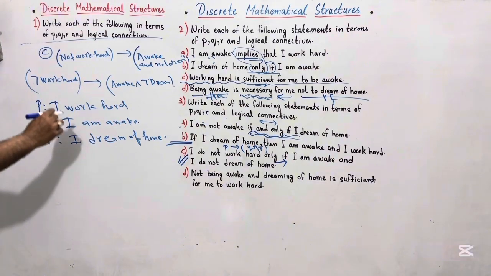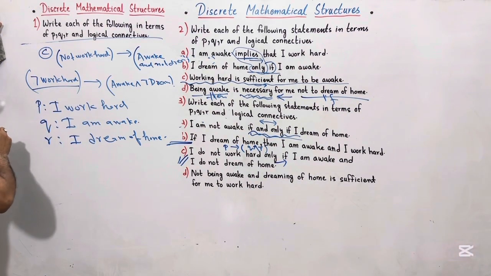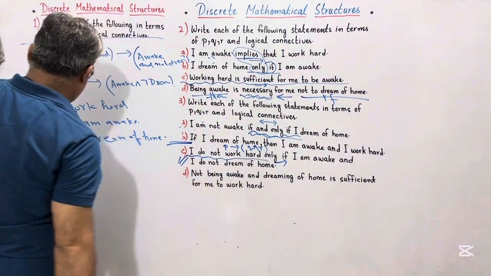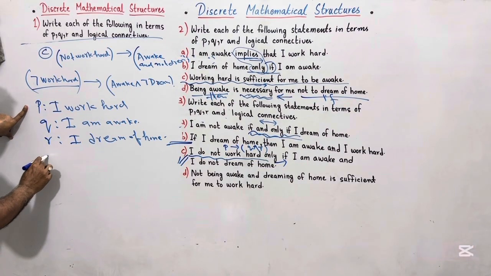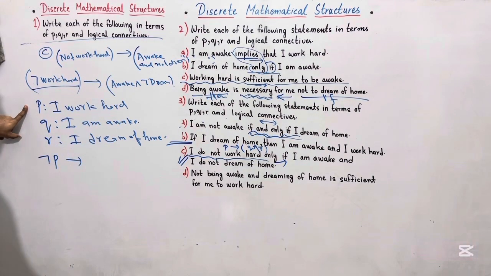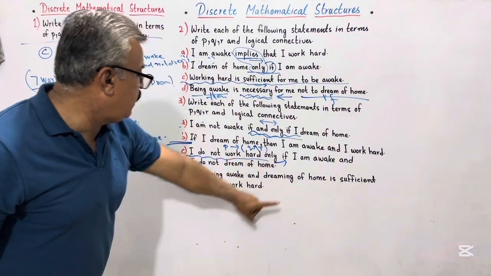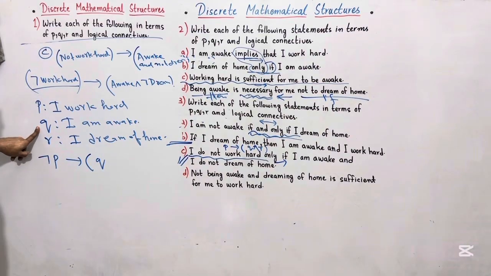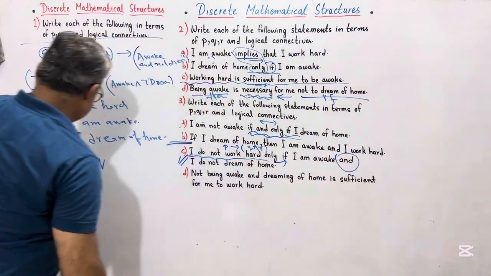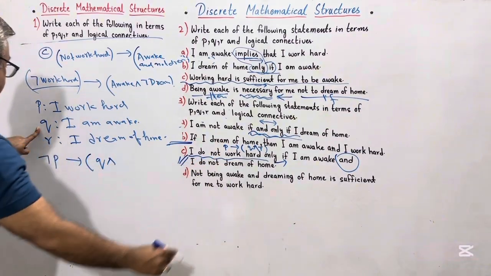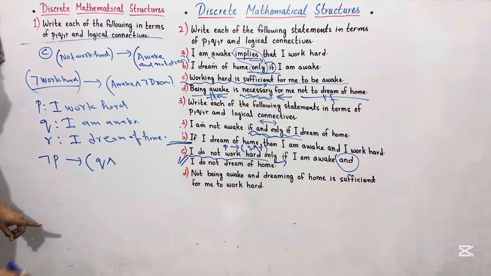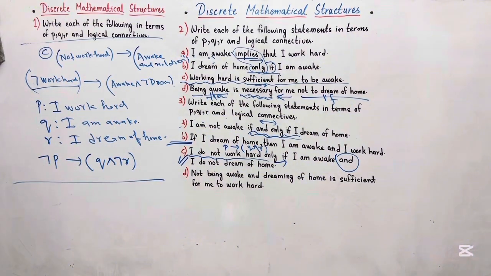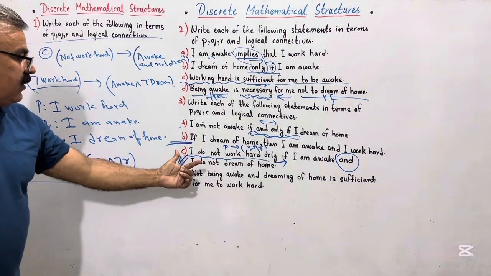Now, I do not work hard means negation of P. Only if, I am awake means Q, and conjunction, and I do not dream of home: negation of R. That is the logical connective to stand for it.